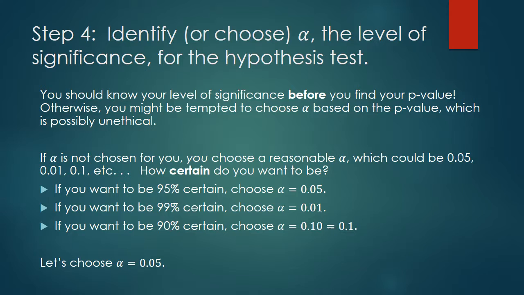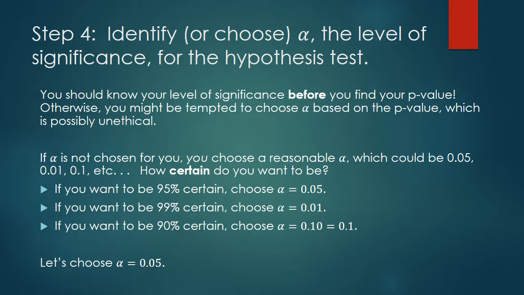Remember, the p-value tells us how likely our results are given that the null hypothesis is true. Alpha is, well, how unlikely does that probability need to be before we say, we don't think we believe that null hypothesis, we're going to reject it.